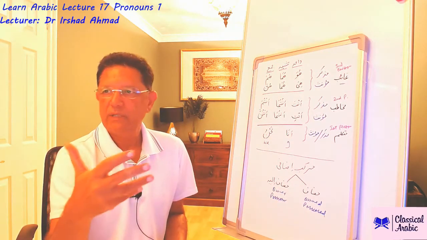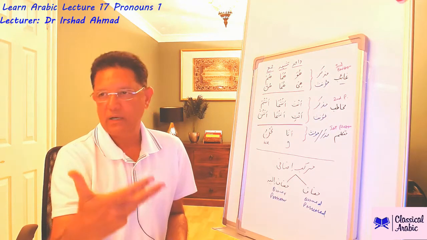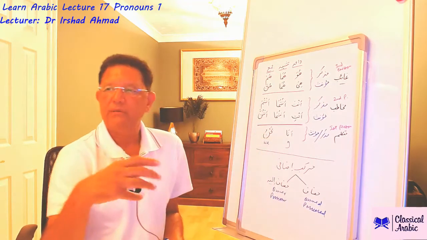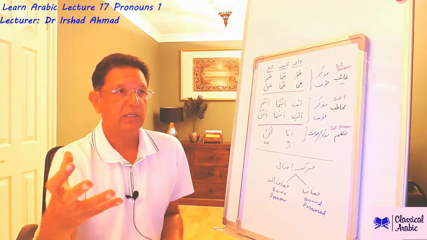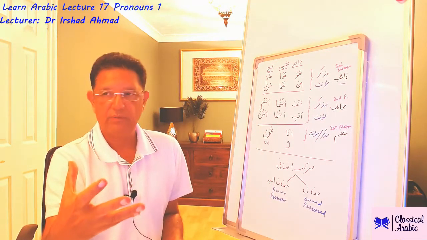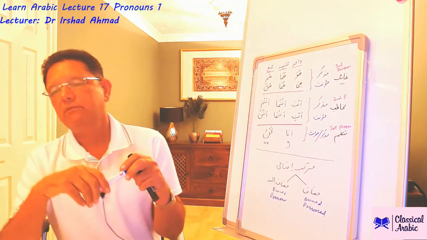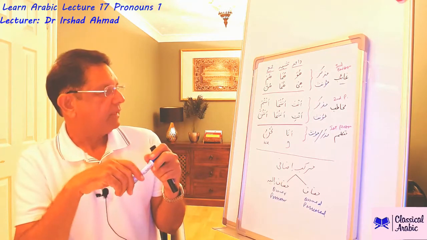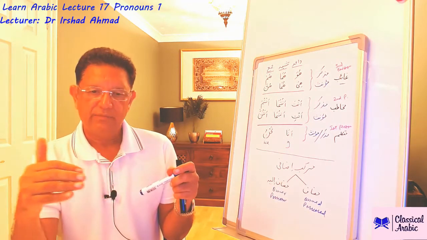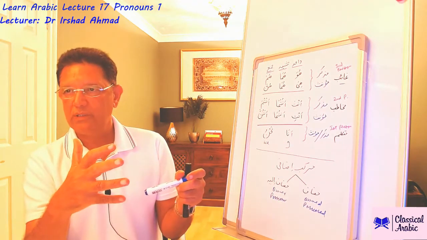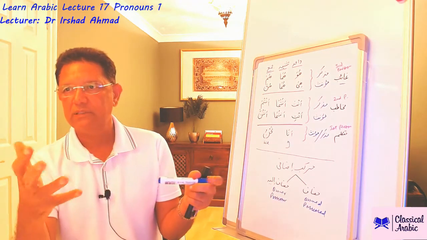If a woman is saying something, she will say ana. So ana is basically I, and nahnu, we. If two women are talking, they will say we, and if many women are talking, they will say we. And similarly, two men, we, and many men, that will be we as well. And it kind of makes sense, because if on a stage two men are talking to a group, they will say we.